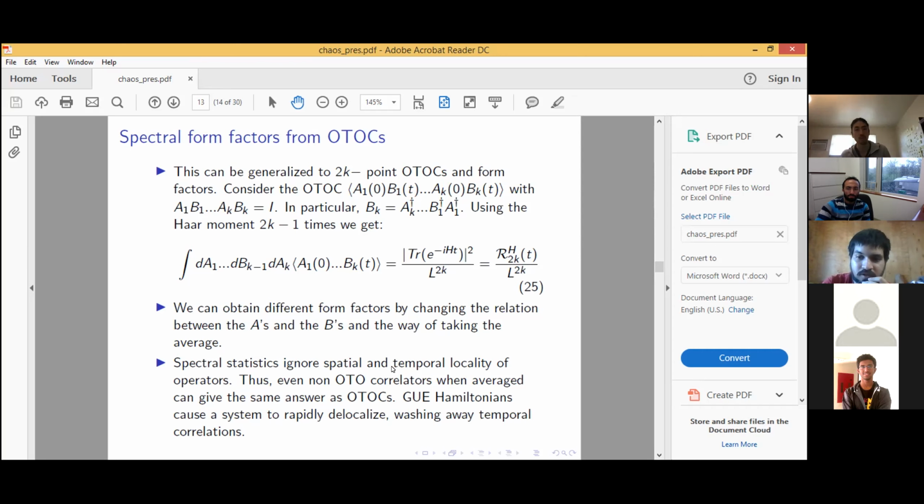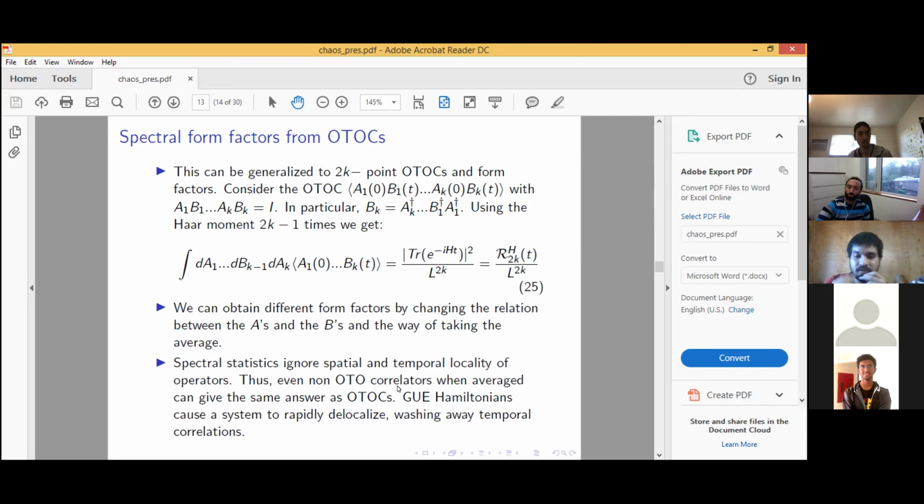If we compute some non-out-of-time-ordered correlators, there was again a specific example: we can pick some A1, B1, A2, B2 with A1 defined at time 0, B1 at time t, A2 at time 2t, and B2 at time t. The result comes out to be equal to the OTOC. So that would indicate that the time ordering of the operators is also not respected by the spectral statistics.